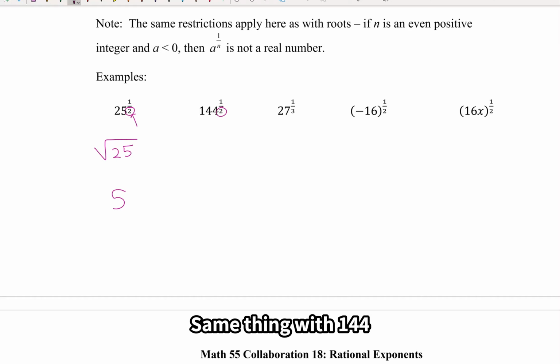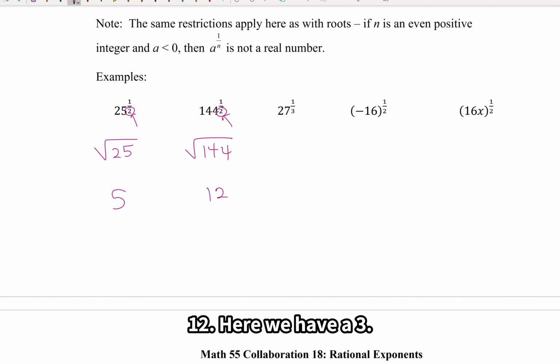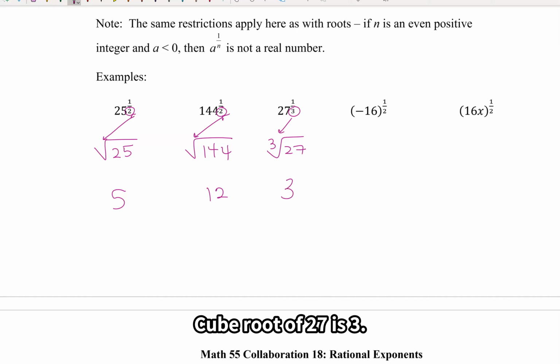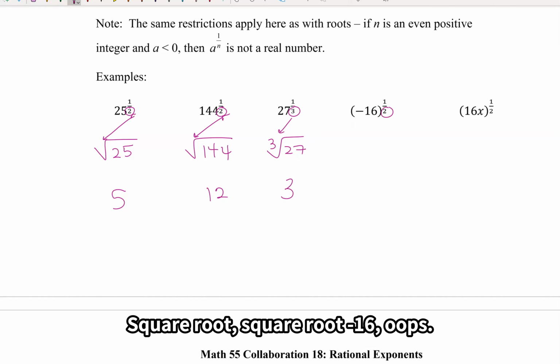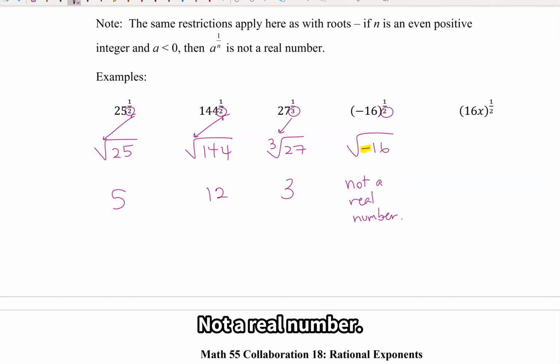Same thing with 144 to the 1/2: square root of 144 is 12. Here we have a 3: the cube root of 27 is 3. Negative 16 to the 1/2: oops, we have a negative number there, so it's not a real number.